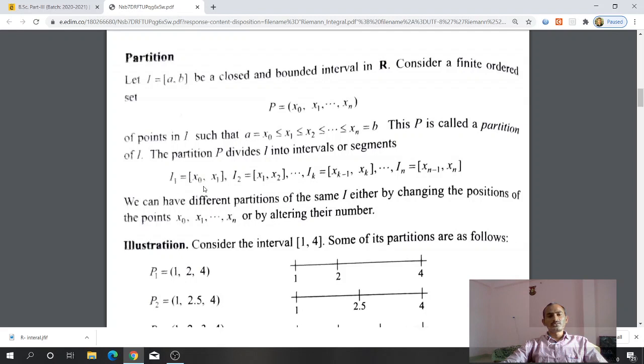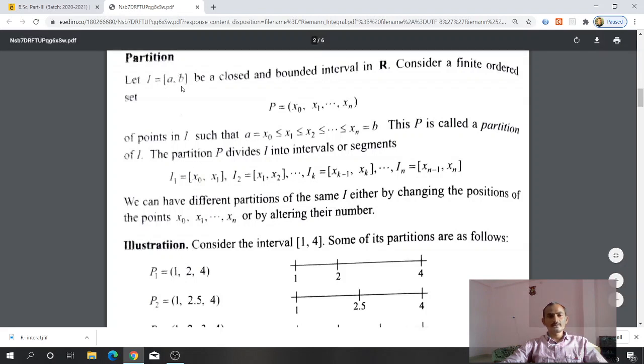Let's see how they are. I1 is the closed interval [x0, x1]. This is the first segment of the closed interval [a, b]. I2 is your second subinterval, and so on.